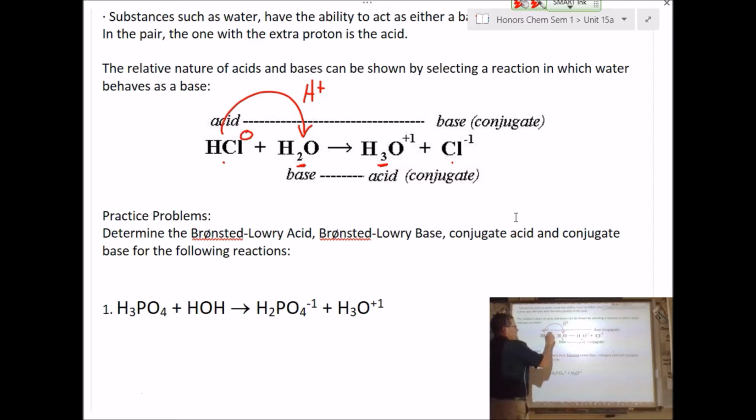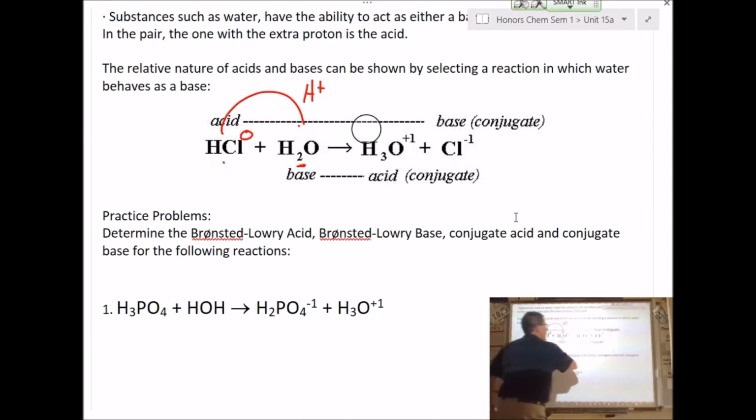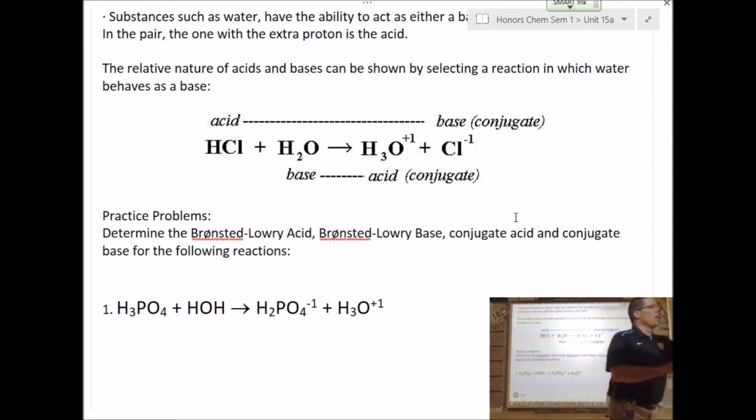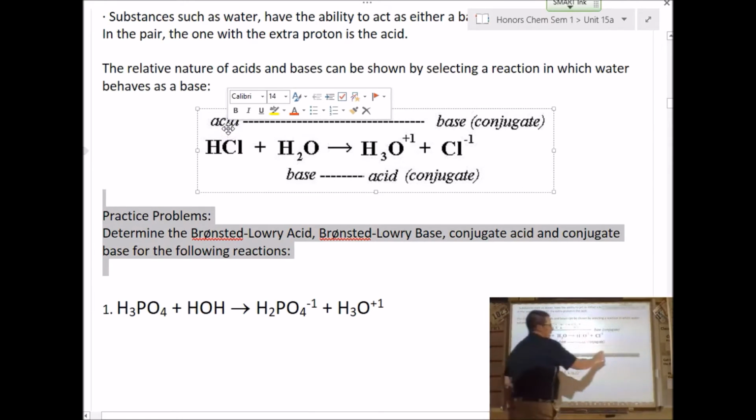So here it goes from 0 to a negative charge. And then here it started off 0 and went to a positive charge. That's another way of doing it. More negative. Yeah, acids will become more negative as it becomes a product, and the bases will become more positive as it becomes a product. Cool. Bases accept, so they become more positive. Or I'm sorry. No. So here it becomes more positive. And I said that, yeah.